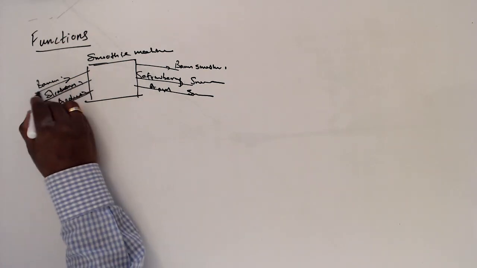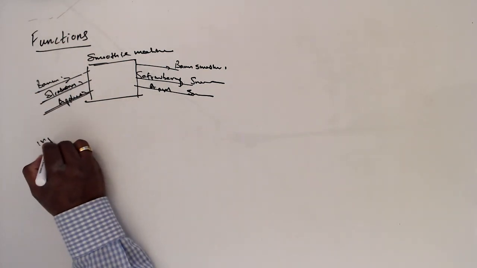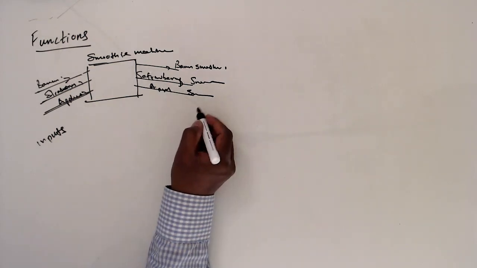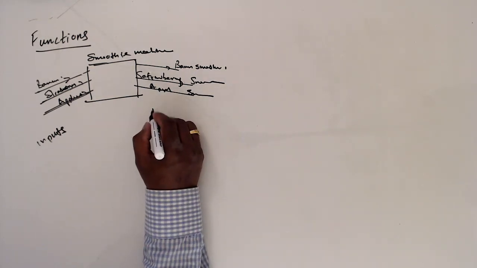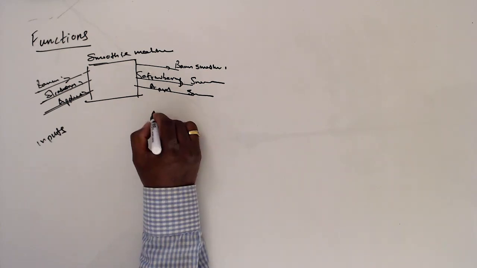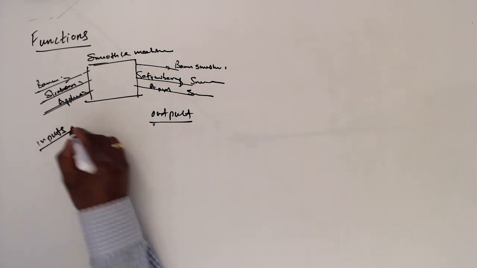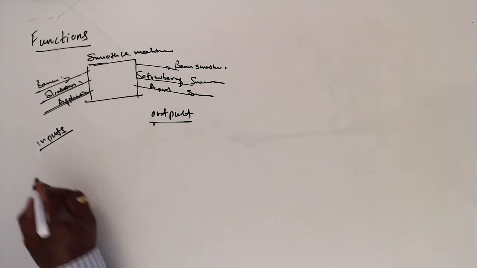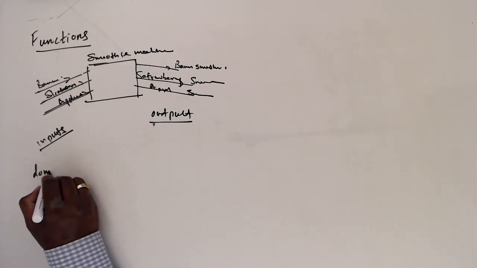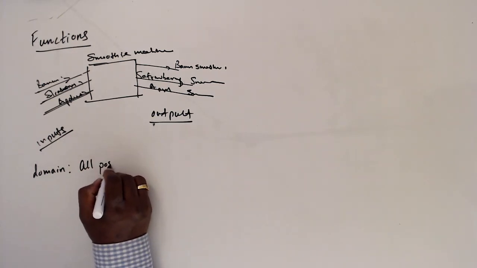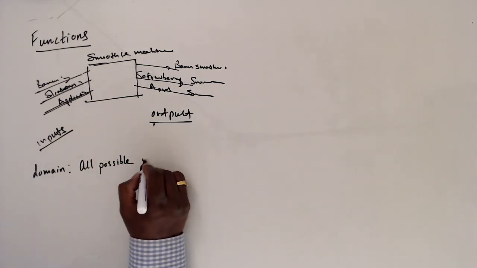those insertions we call inputs. So then the product is the output. We call domain all possible inputs.